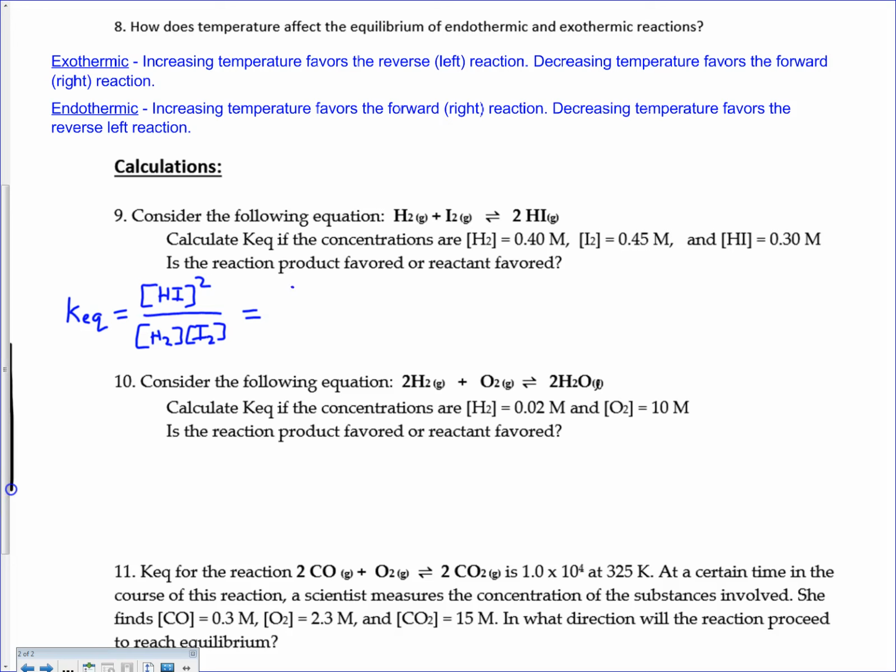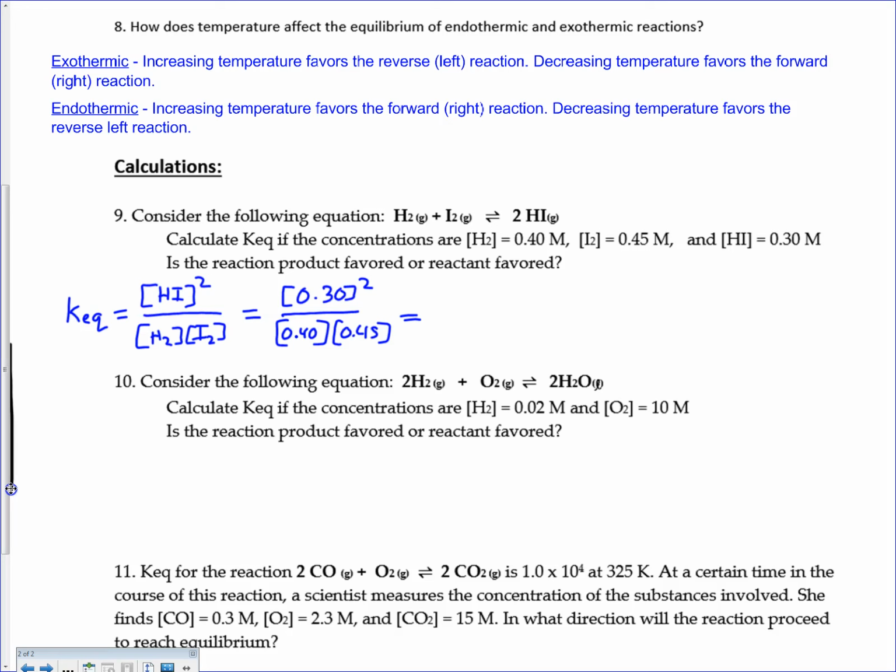I get 0.30 squared over 0.40 times 0.45. Multiply those. Make sure you put them in the calculator correctly, so try this on your own and see if you're getting the right answer.